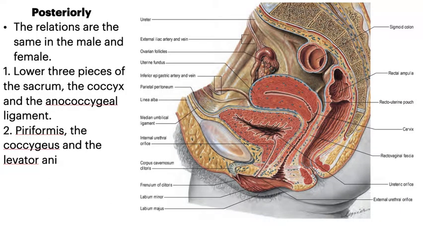Now posteriorly, the relations are the same in the male and the female, that is the lower three pieces of the sacrum and the coccyx, and here this is the anococcygeal ligament, the piriformis muscle, the coccygeus and the levator ani.